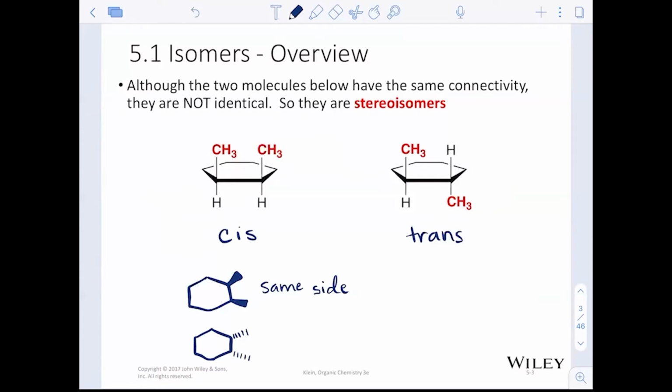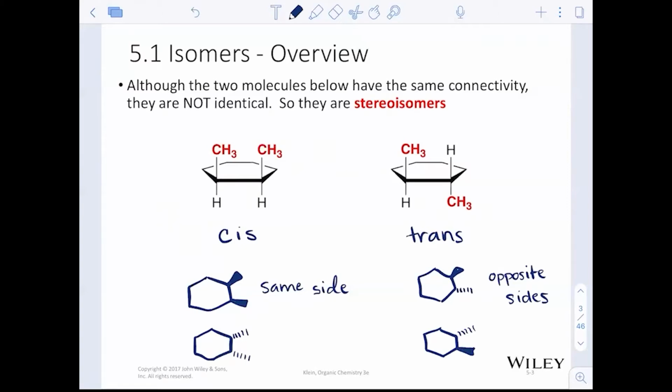Now on the other side, trans occurs when the substituents are on opposite sides. This is not a meso compound because we could see these are different.